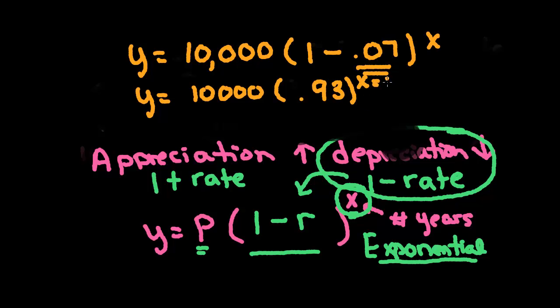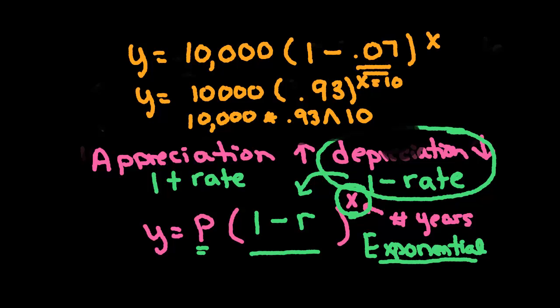In this case, x is going to be 10 because we want to find out its value after 10 years. So our final equation that you would punch into your calculator is 10,000 times 0.93 caret, that means raised to the power of 10. So if you type that into your calculator, you'll get the actual numerical answer.